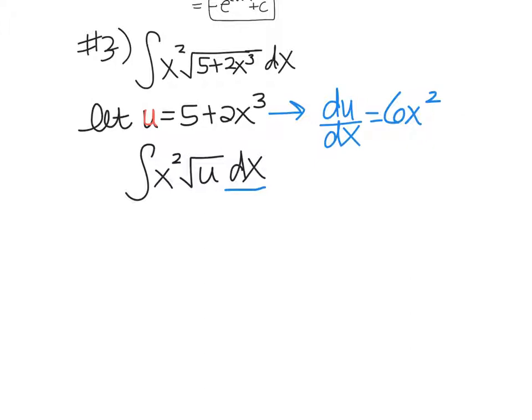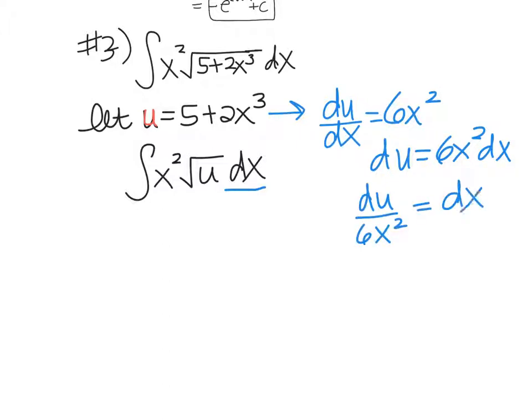So I'm going to multiply by dx on this side. U doesn't equal square root of that, right? So du equals 6x squared dx. And then divide by 6x squared. So du over 6x squared is equal to dx.